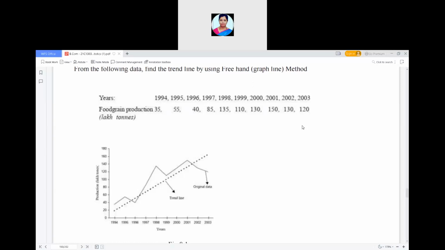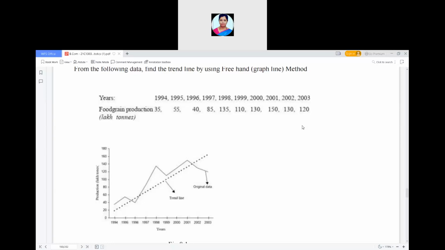Just plot the points. That is 1994, comma 35: 1994 on the x-axis and 35 on the y-axis, so plot the point there. Then 1995, comma 55, plot the point. Then 1996, comma 40, plotted.